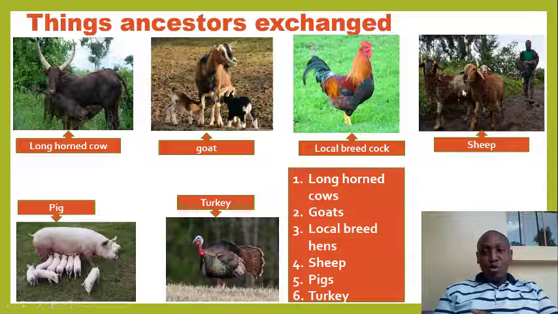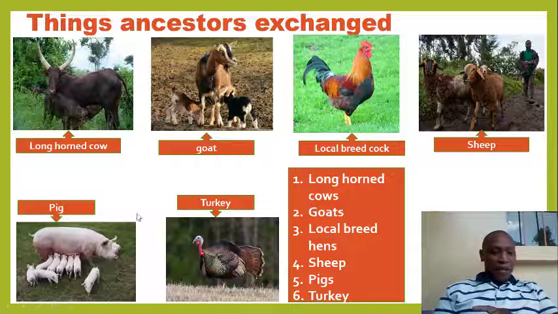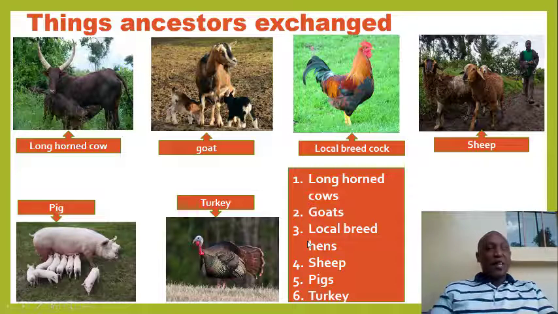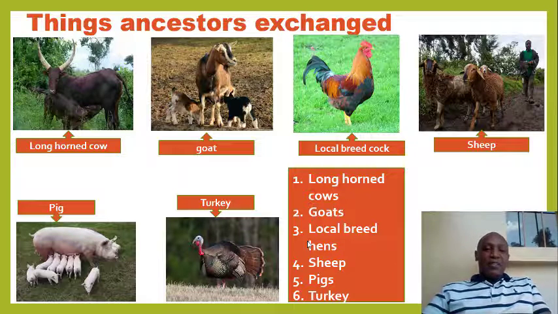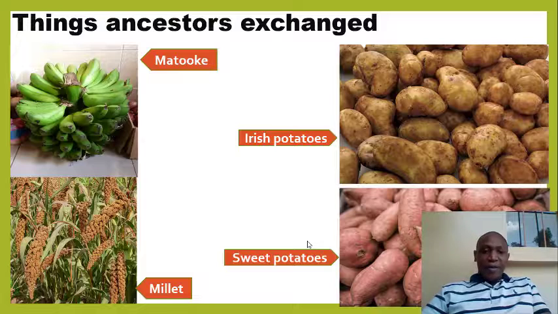But then this one specifically is so common in Africa and I think some Asian parts. Then we have the pigs and then the turkeys. So these were some of the animals that these people exchanged.